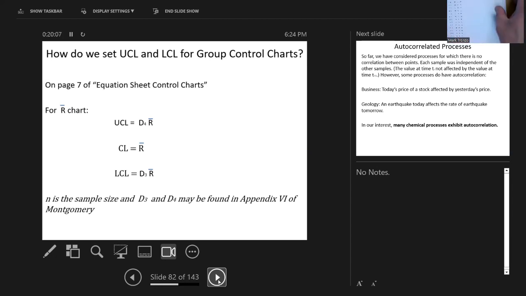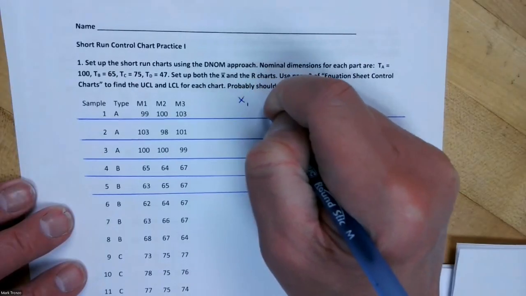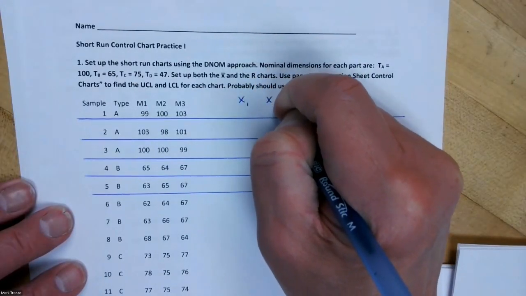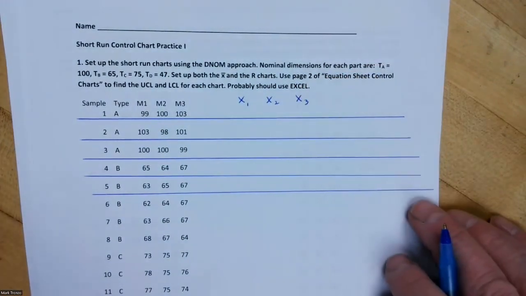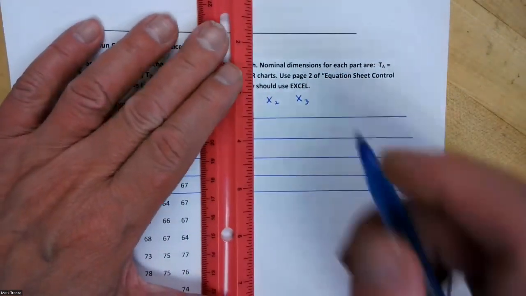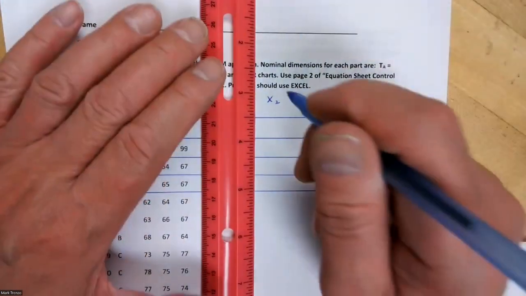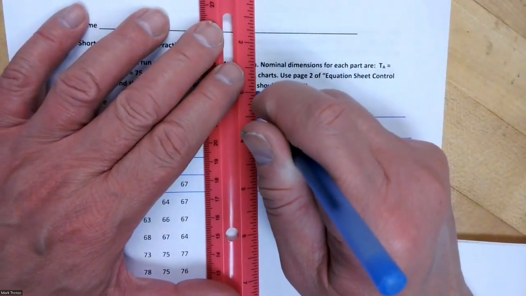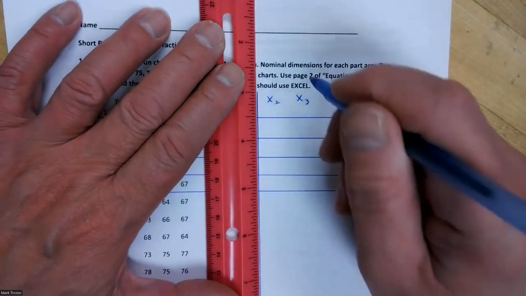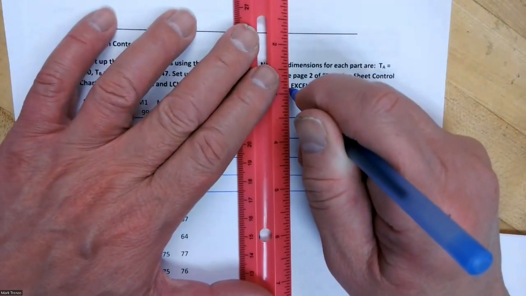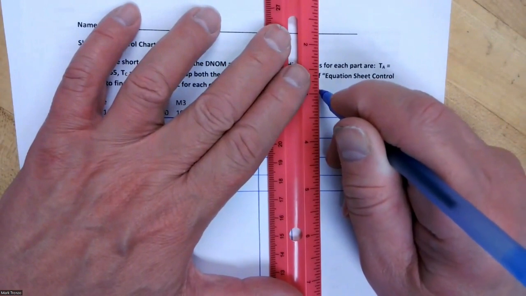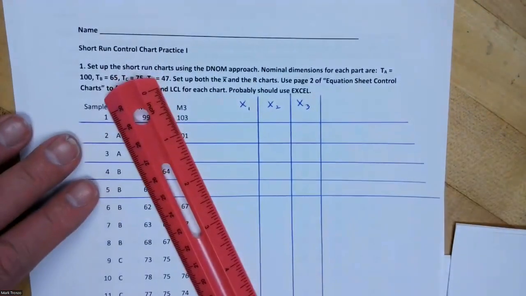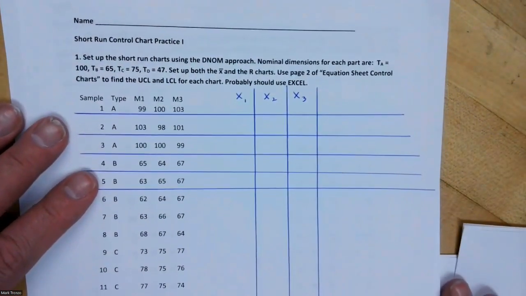So I'll give you some handouts here. Recommend you do this on Excel, but let's say you have X1, X2, X3 like this. So maybe you have something like this.